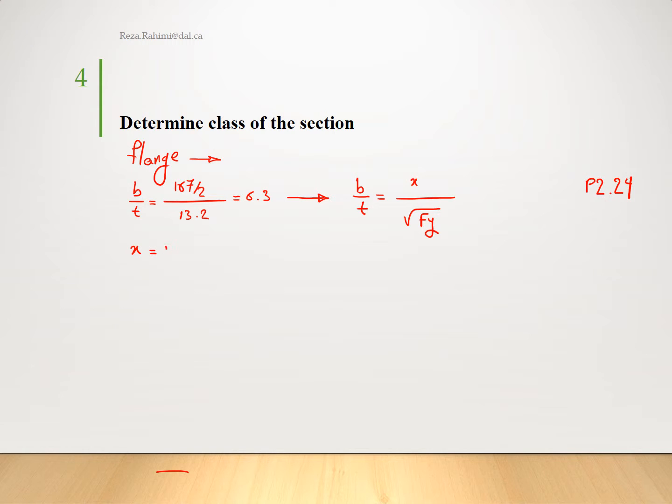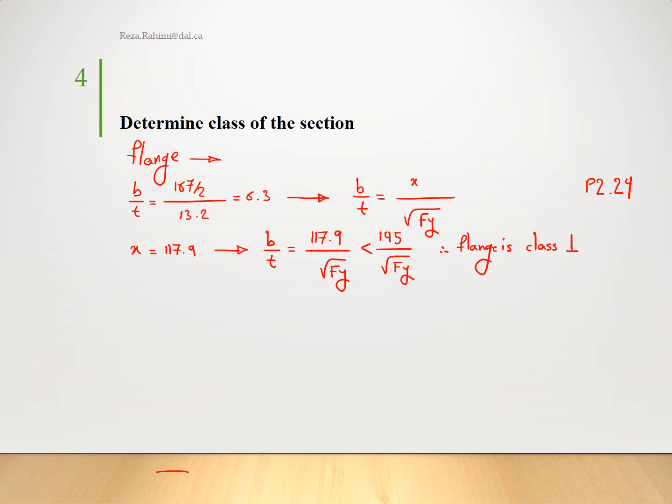X is equal to 117.9. Therefore, B over T, which is equal to 117.9 over square root of Fy, will be lower than 145 over square root of Fy. We conclude that the flange is class 1.